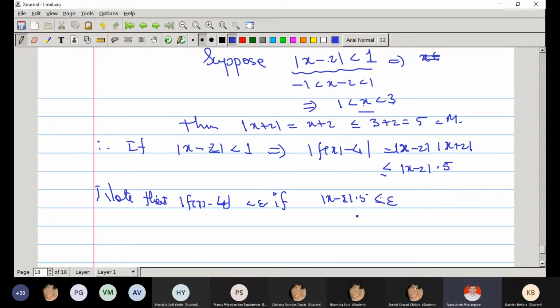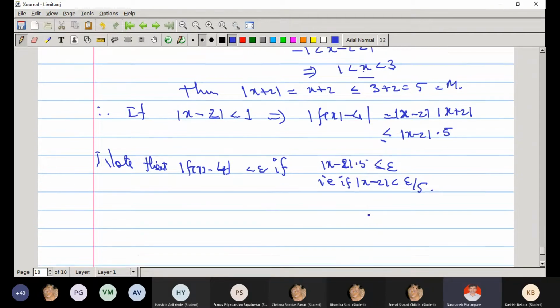So it is sufficient that |x minus 2| is less than epsilon by 5. So to make |f(x) minus 4| less than epsilon, it is sufficient to make |x minus 2| less than epsilon by 5. That is what I understood from this, right? Is it clear?